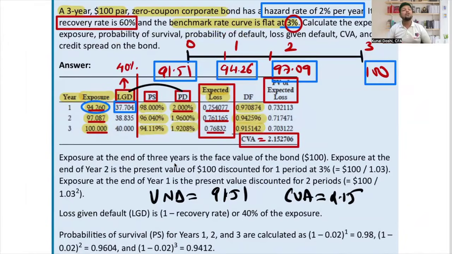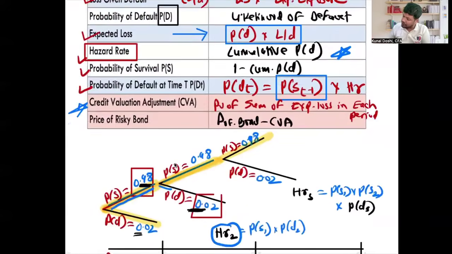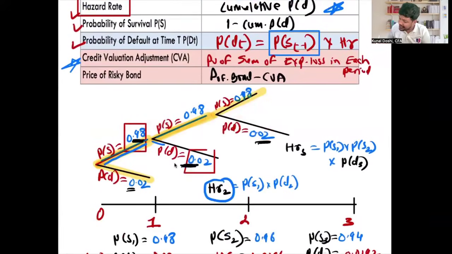Same way, if I want to find the probability of default in the third year, that means I did not default in the first two years, isn't it? So the cumulative probability of default in the third year means I did not default in the first year, not in the second year, and I defaulted in the third year. So it is basically 2% times 0.98, not default in the first year, times 0.98, not default in the second year.